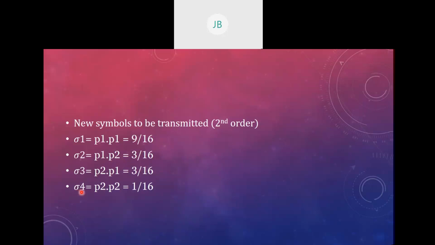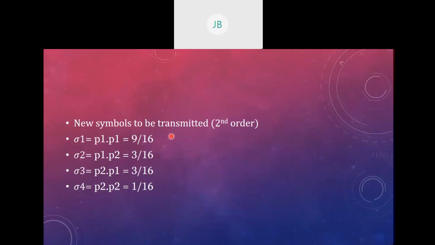And finally, the fourth combination, the last two symbols, I mean, second symbol and second symbol, their probabilities are P2 and P2, that is 1 by 4 multiply 1 by 4, that is 1 by 16. So this is the extended version of the first order system.